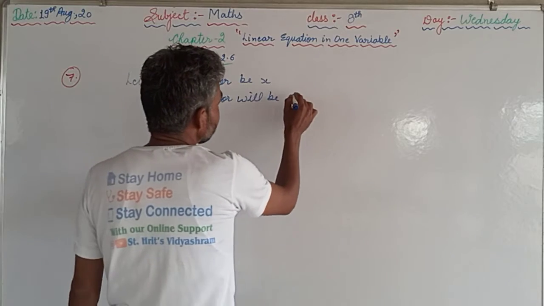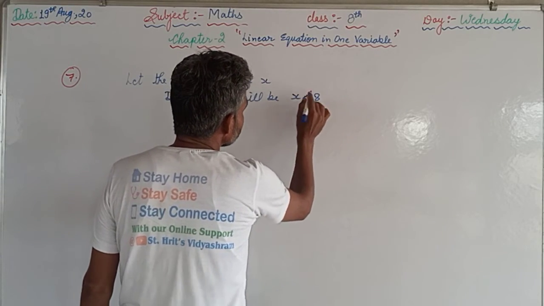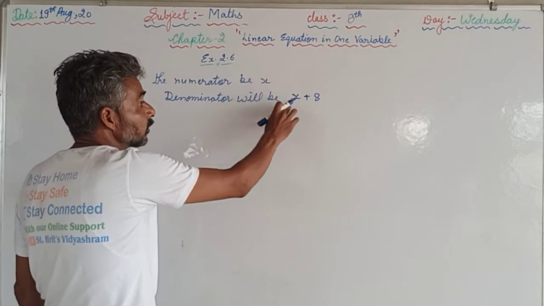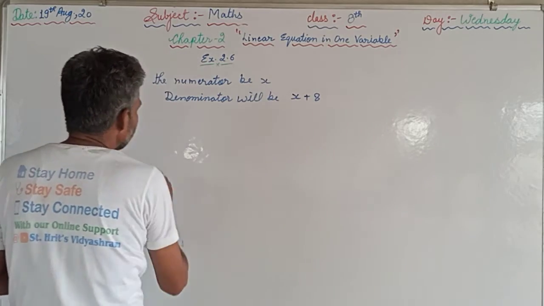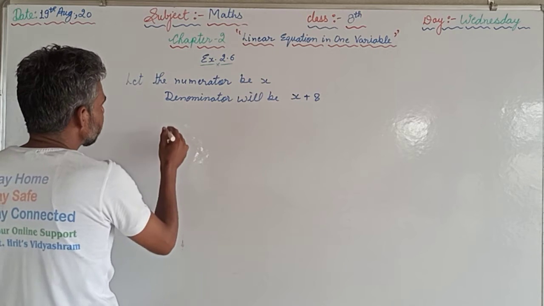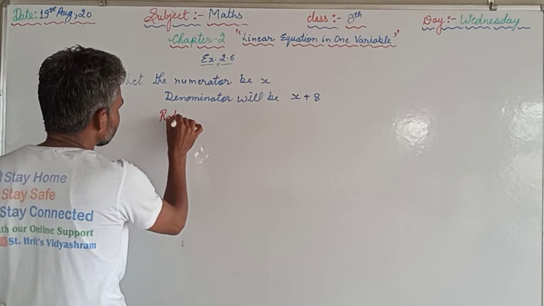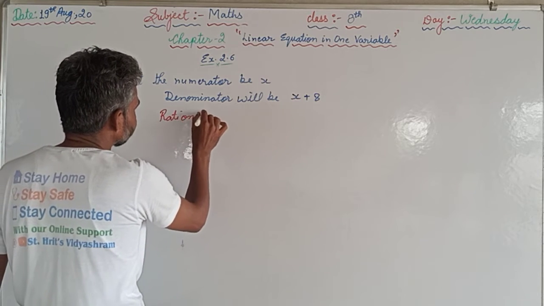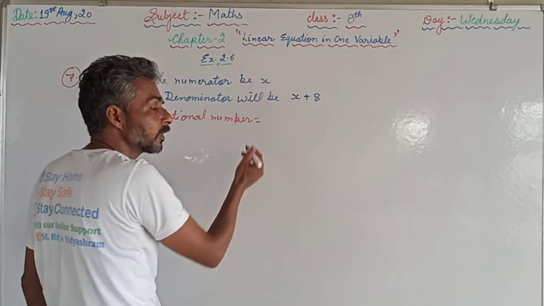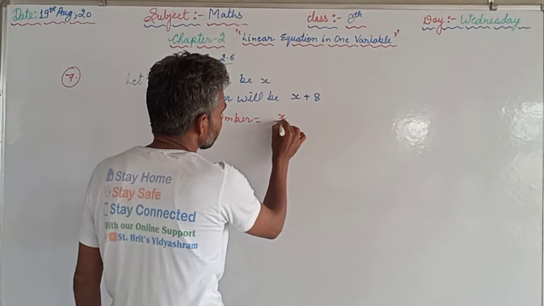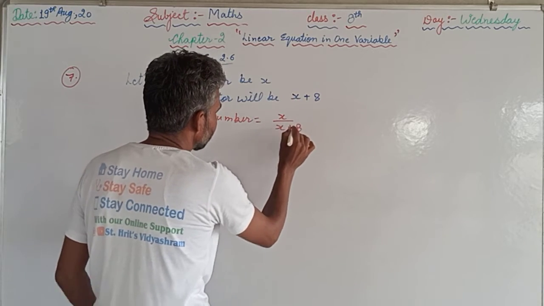So denominator will be x plus 8, because the numerator is x and the denominator is 8 more than the numerator, means x plus 8. Hence the rational number will be equal to numerator upon denominator, that is x upon x plus 8.